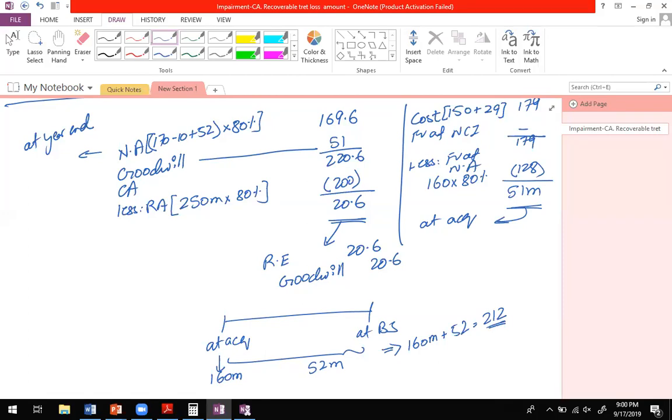Caroline is asking, do we need to give a summary calculation of goodwill? No, Caroline, there's no requirement of giving the summary. We are going to perform the calculation in its entirety. Let me give you an example. I am trying to open an Excel sheet.